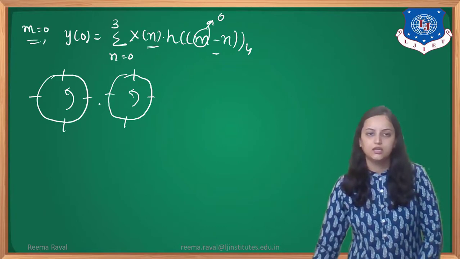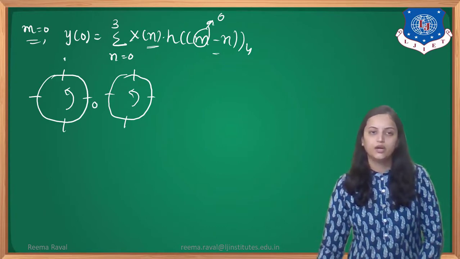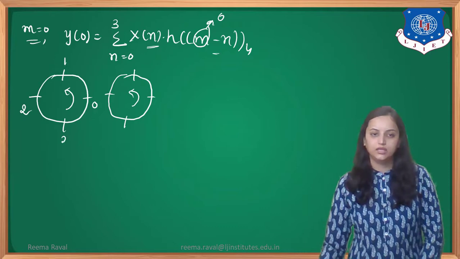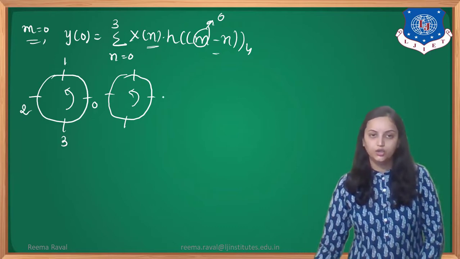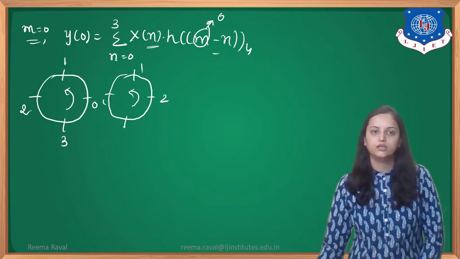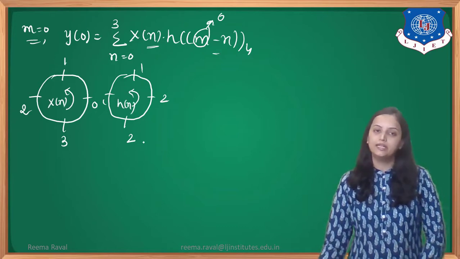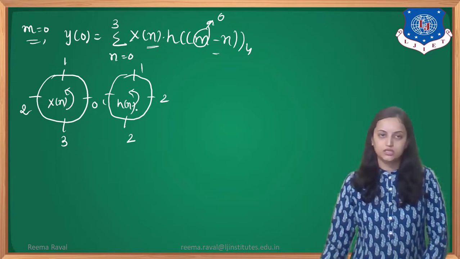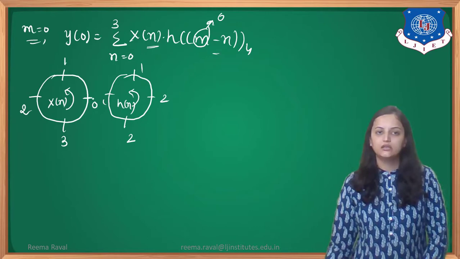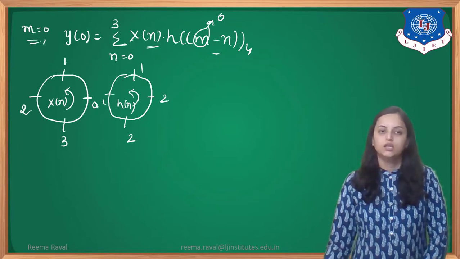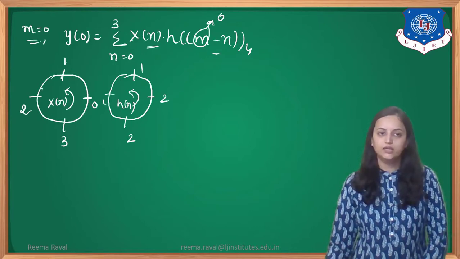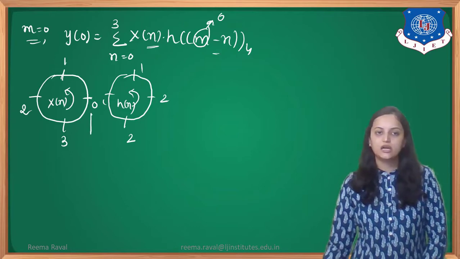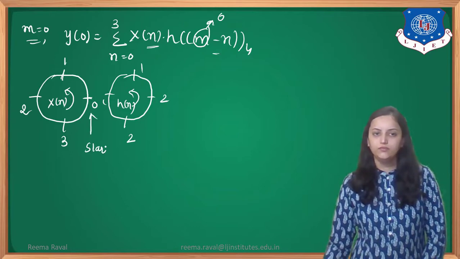Here it is 0, 1, 2, 3 and the next one is 2, 1, 1, 2. That means this is x of n and this is h of n, which is first placed in the anti-clockwise direction according to the values given to us. Here, as you can see, the first value of x of n is 0, then the next value is 1, then 2 and 3. This is our starting point.